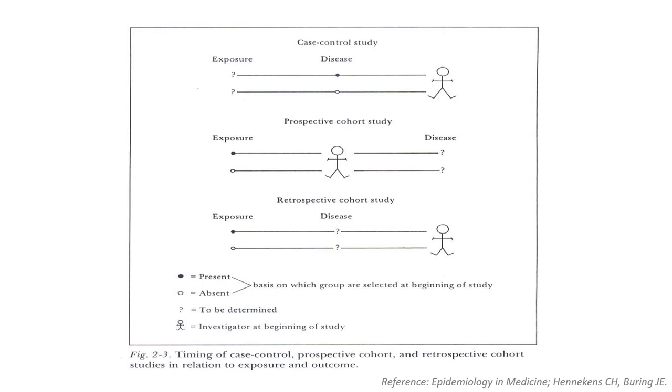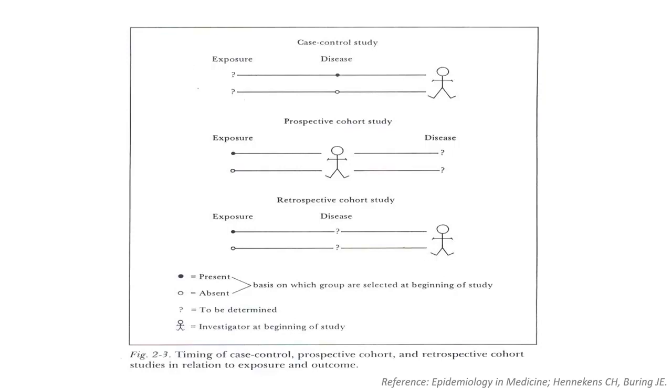The second one, prospective cohort study design. The investigator is standing in the middle. Exposure has occurred. Outcome hasn't occurred yet. You divide the participants as exposed and unexposed. You follow them into the future for outcome. The third one, retrospective cohort study design.